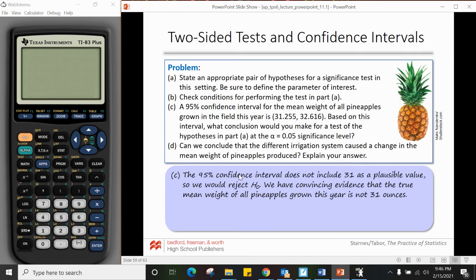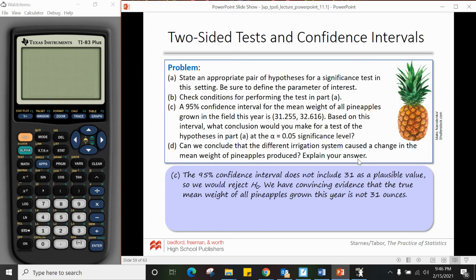Part C says a 95% confidence interval for the mean weight of all pineapples grown this year is 31.255 to 32.616. Based on this interval, what conclusion would you make for the test of the hypotheses at the alpha level 0.05?